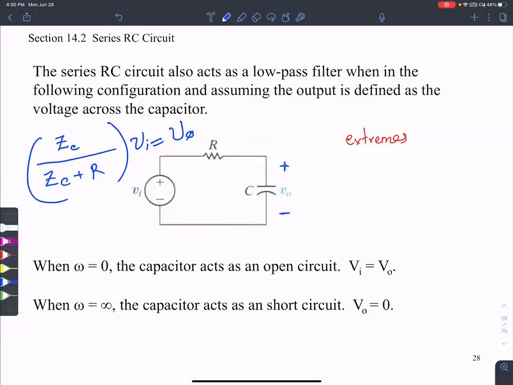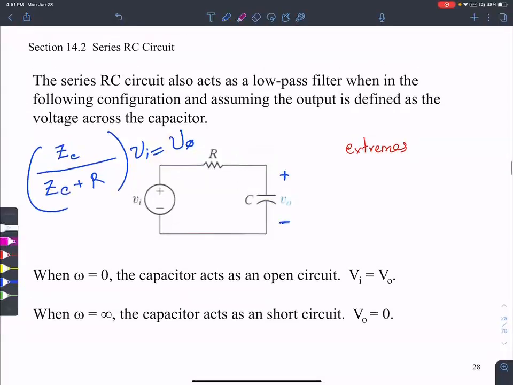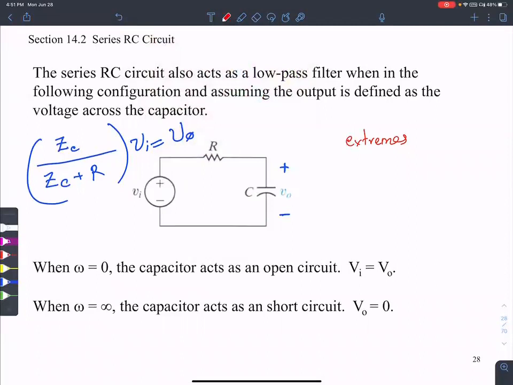You can do the mathematics, but let's preserve the intuition here and look at extremes. What happens when frequency equals 0 and when frequency equals infinity? When frequency equals 0, what do you think happens to this capacitor?